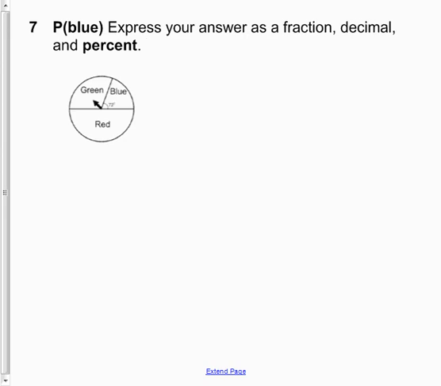Question 7. What's the probability of spinning blue? Well, we know that there are 360 degrees in a circle, 72 of which are allocated to the color blue. So if I think about this as a fraction in lowest terms, what would that be? Both would be divisible by what? 36, correct? Which is actually both are divisible by 72. My mistake. 2 out of 10. I can divide by 2 again.